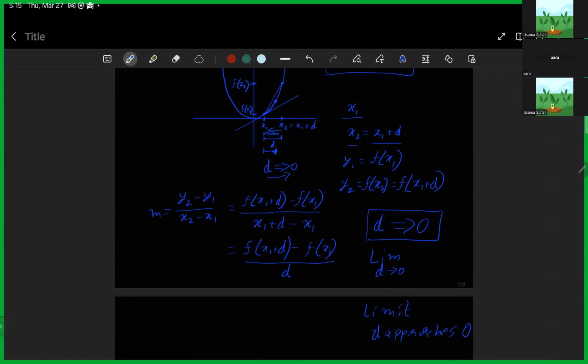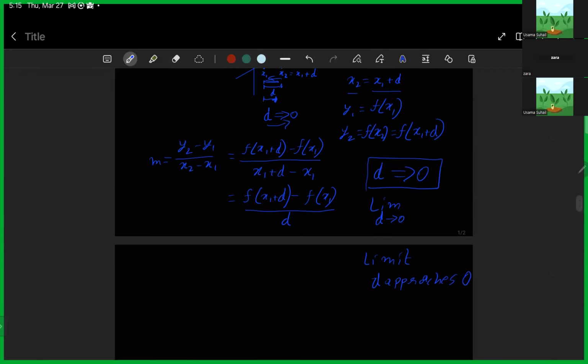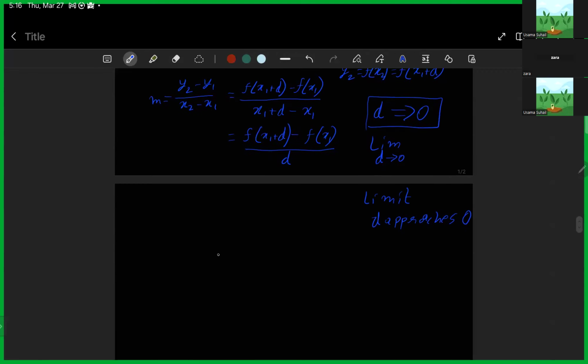How we write it down is we write this before wherever we want d to approach 0. So in this case, we will write limit d approaches 0, and then inside the bracket, we will write f of x1 plus d minus f of x1, whole divided by d.